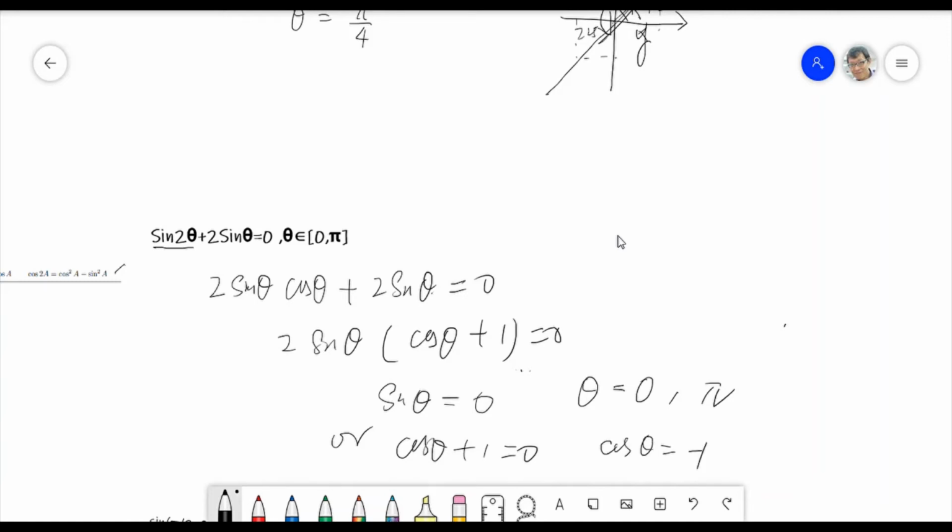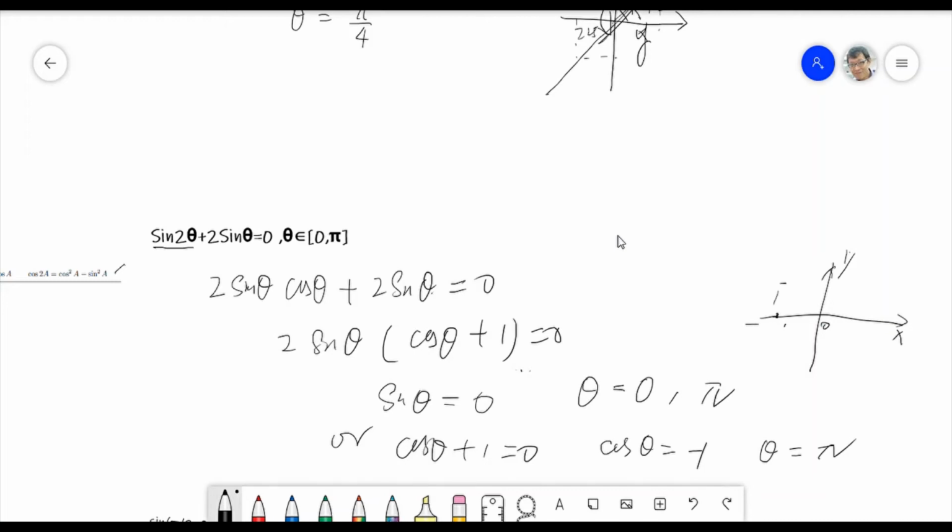If cosine theta is negative 1, then this should be pi. Let's see: this is 0, and the point lies directly on the x-axis on the negative side.